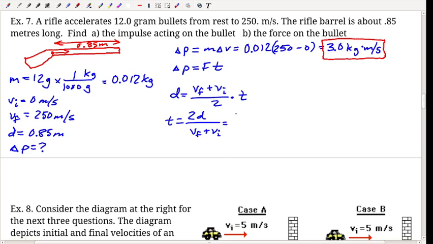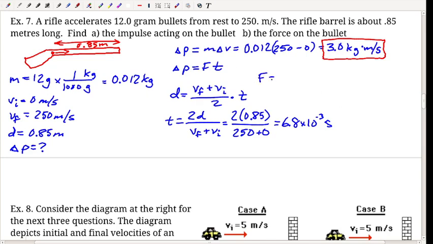That's going to be my time. So I can plug in the information that I have, my 0.85 for distance. My final velocity is 250 plus 0 is just going to be 250, and type that in. And my calculator tells me that's actually a very small number of 6.8 times 10 to the minus 3 seconds. But using that very small number, now that I have it, I can solve this for the force.